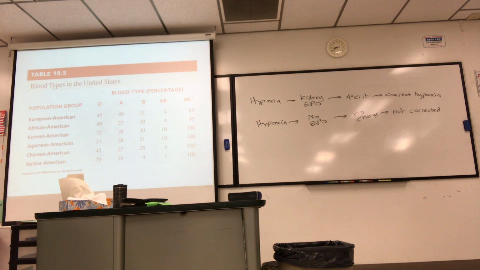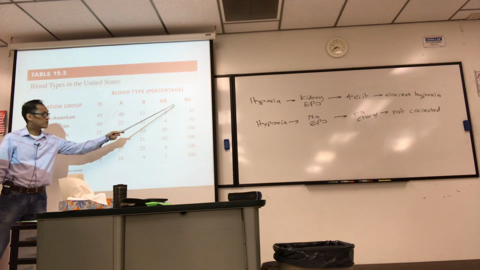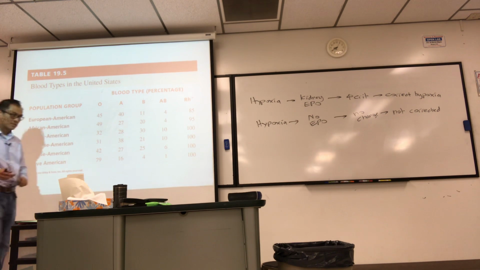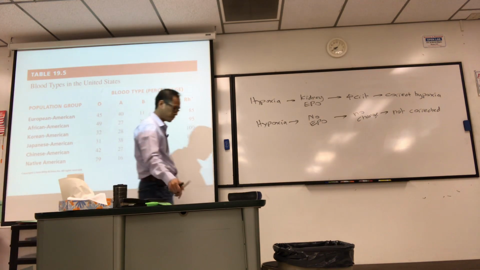Basically, here are the different types. You've got the ABO system and the RH system. These are the surface molecules that seem to account for most of the blood transfusion failures. I don't expect you to know the ethnic group numbers here, but let me explain what the ABO and RH systems are. These are surface antigens.